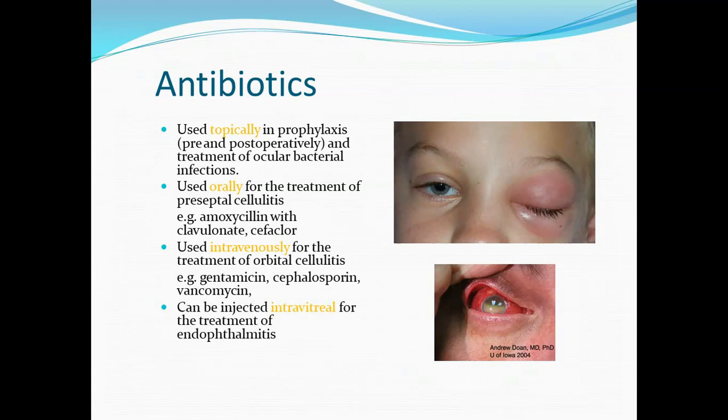They're also used orally for the treatment of preseptal cellulitis. The most common drug is amoxiclav, which is a combination of amoxicillin with clavulanic acid. They are used intravenously for the treatment of orbital cellulitis, like gentamicin, cephalosporin, or vancomycin. They can be injected intravitreally for the treatment of endophthalmitis.